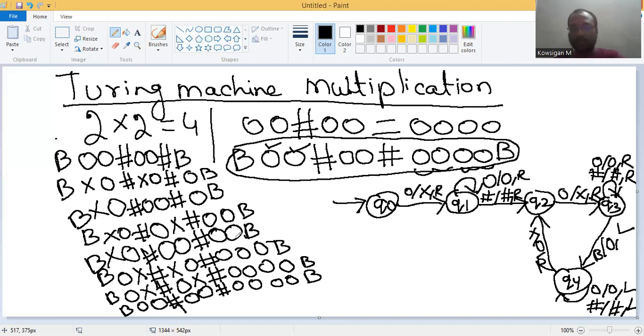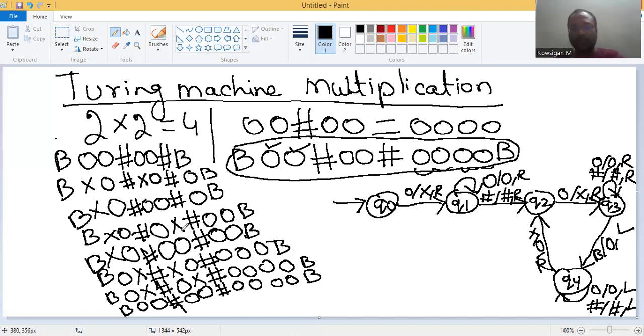After copying this 0, again move to the left hand side until you are seeing the first x. So now the first x is here. This x will be again replaced as 0. Why is it replaced as 0 again? Because the copying of this 0 has been completed here.